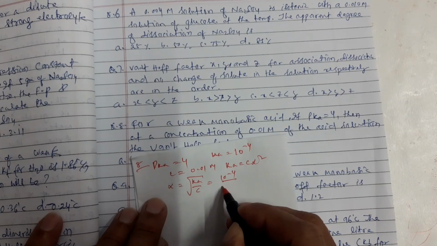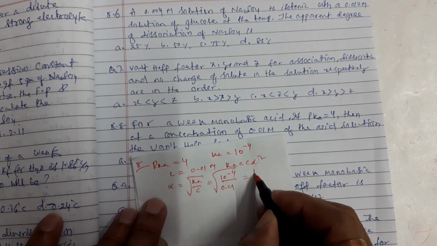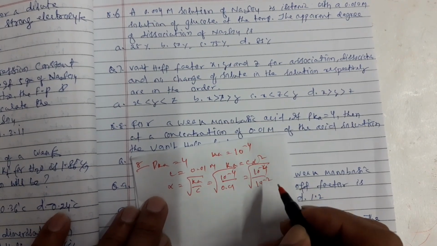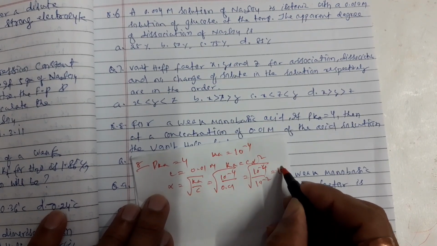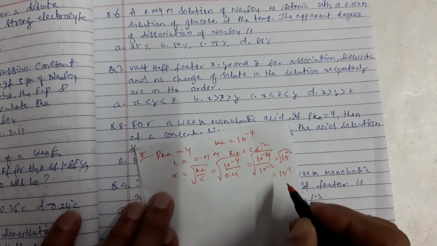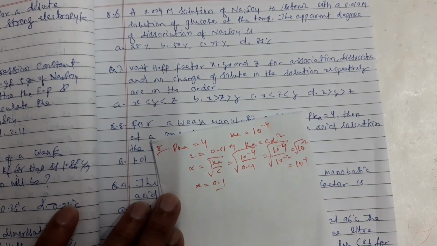What is C? 0.01. Root over 10 to the minus 4 by 10 to the power minus 2, root over. So it is 10 to the power minus 2 root over, which is equal to 10 to the power minus 1. So alpha is equal to 0.1, you are getting.